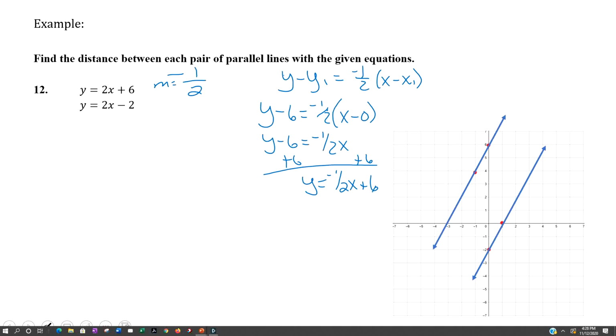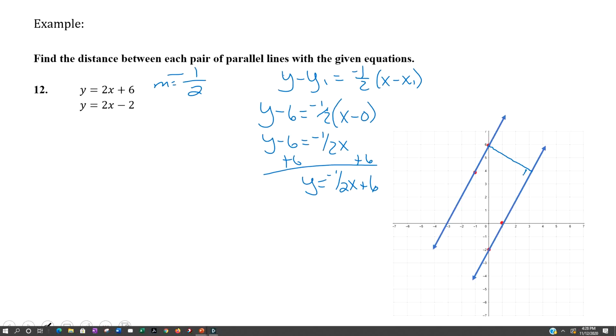So that's that. Now I want to find a perpendicular point on the other line. So I'm going to draw in this line. It looks like I'm going to have a point where the x value is going to be 3.